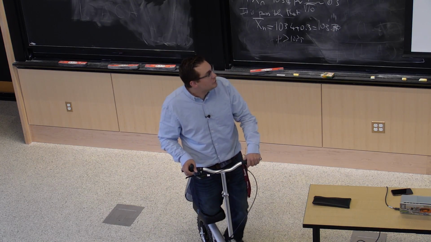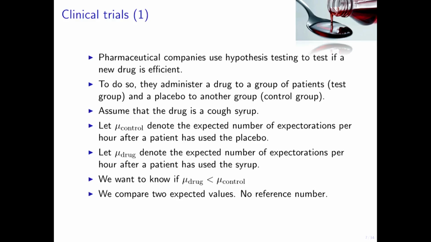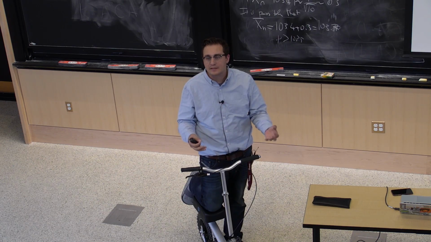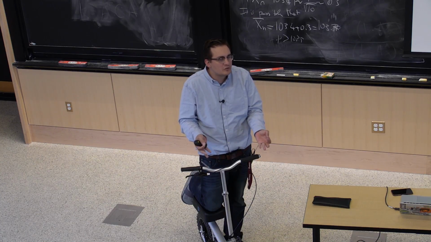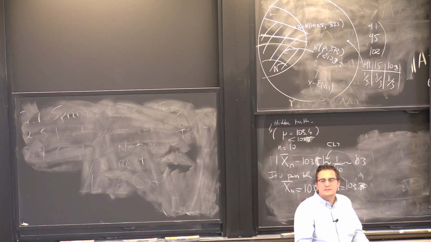So what we want to know is if mu drug is less than mu control. That would be enough. If we had access to all the populations that will ever take the syrup, for all ages, then we would just measure, did this have an impact? And even if it's an ever so small impact, then it's good to release this cough syrup, assuming it has no side effects or anything like this, because it's just better than maple syrup. Okay? The problem is that we don't have access to this.